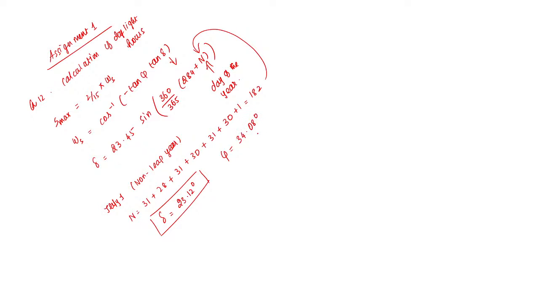The latitude is given as 34 degree 08 minute. First you are supposed to convert the minutes into degrees and then add it to 34, and finally you get phi as 34.133 degrees.